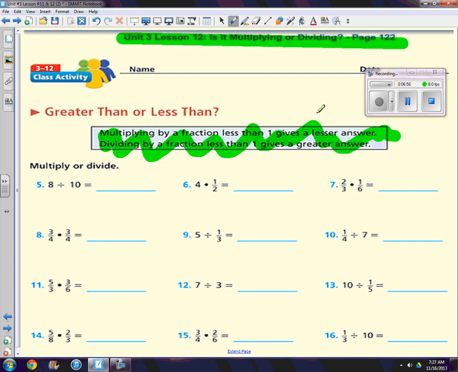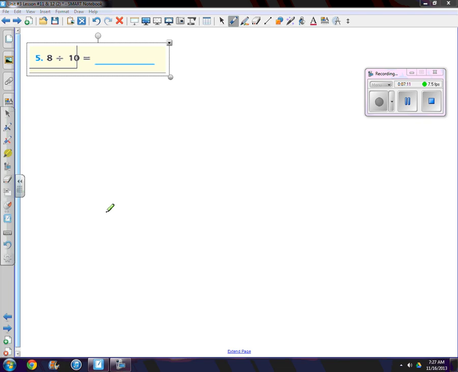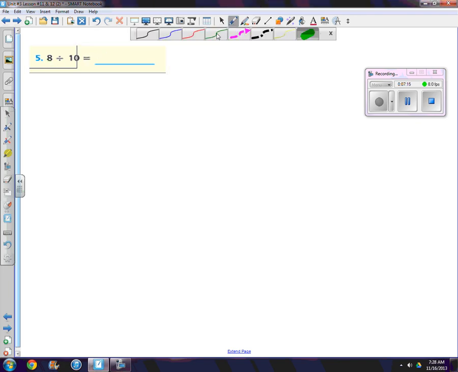I'm just going to isolate them, and then we'll solve them. Let's look at number 5. 8 divided by 10 would be the same as saying 8 over 1 divided by 10 over 1.